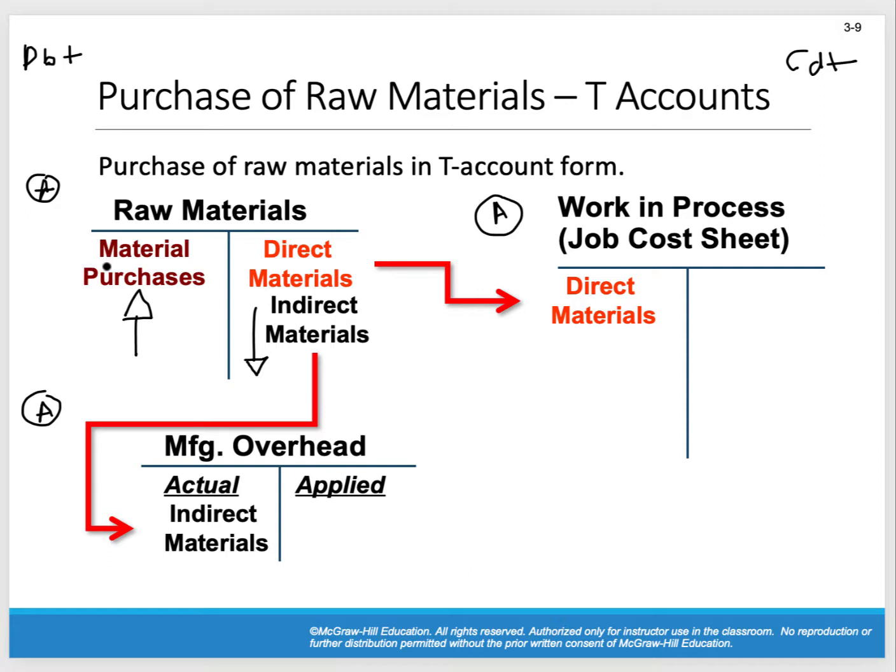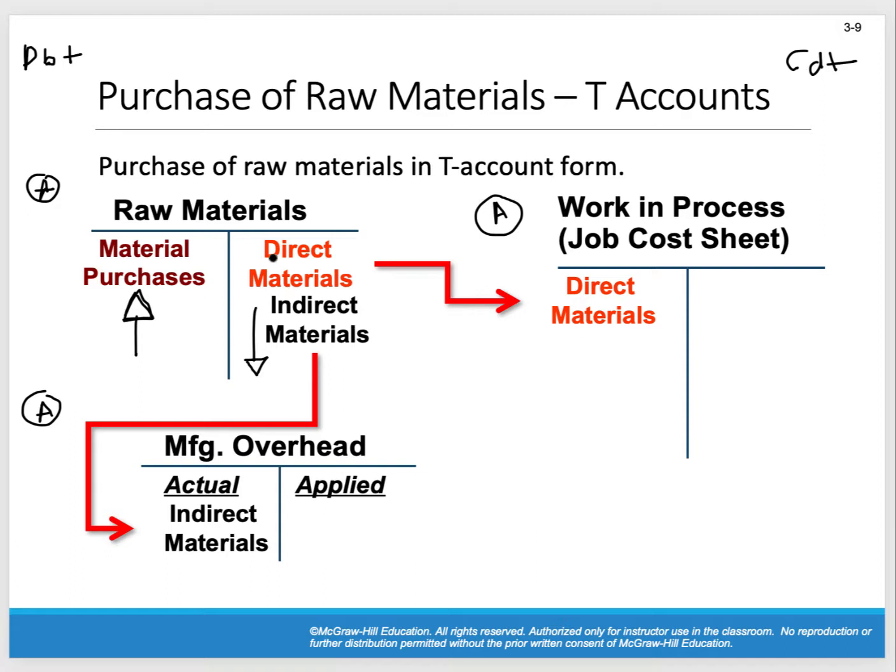Okay, so let's see how the costs flow. We purchase raw materials, right? So we purchased all the gold and the silver that we needed. To do that, we're just going to debit raw materials for a certain amount of money, whatever the cost was. So then we need to recognize, how do costs flow?